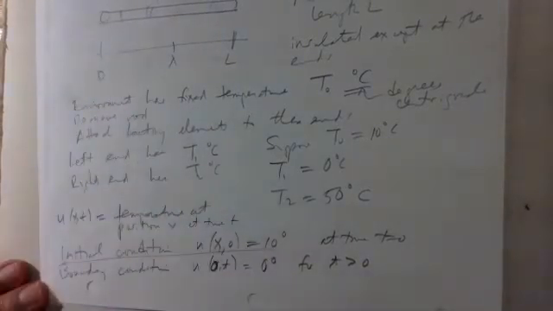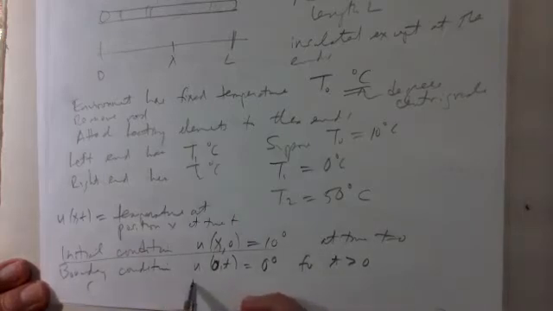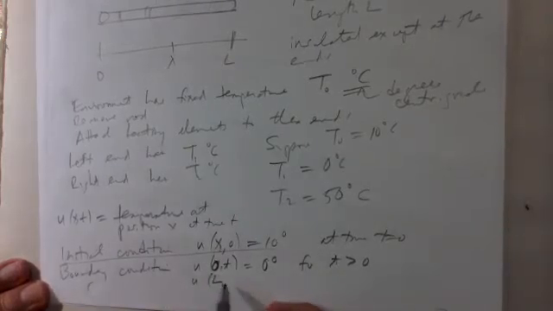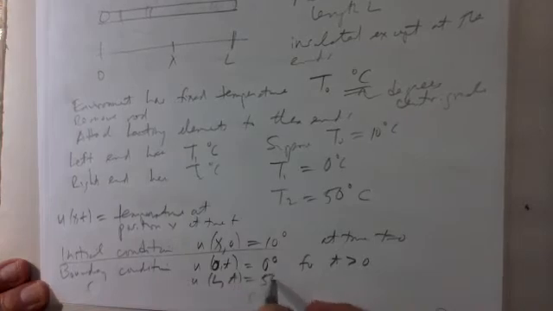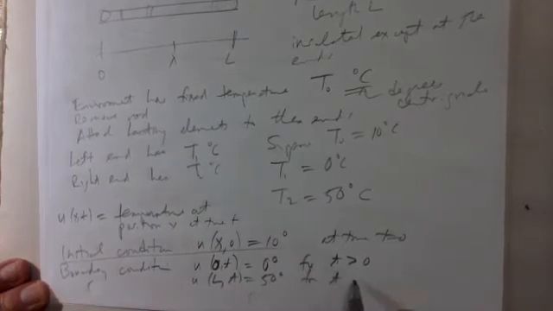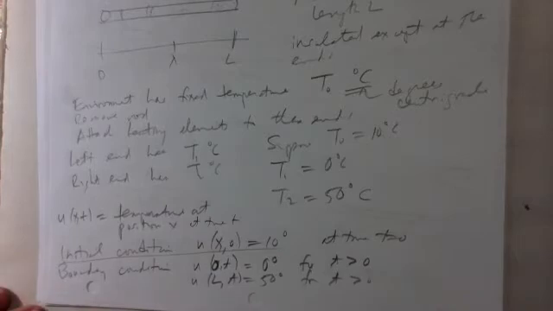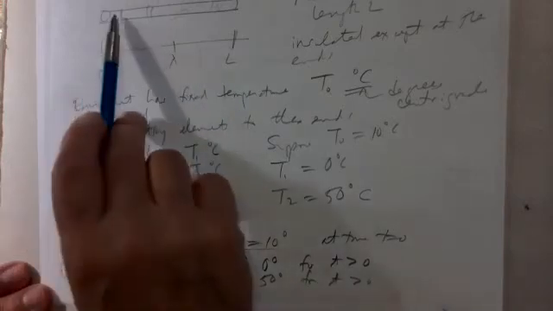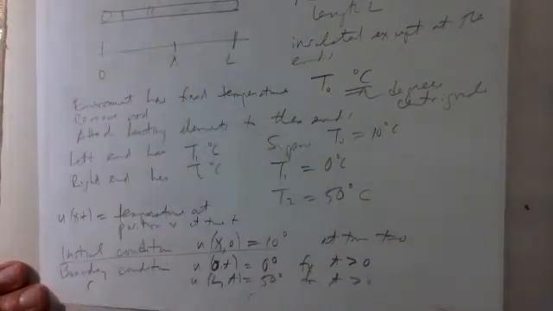You cool this to temperature 0. And at the right end, when x is equal to L at time t, this is 50 degrees for time t greater than 0. And we want to know, how does the temperature in this rod evolve with time?